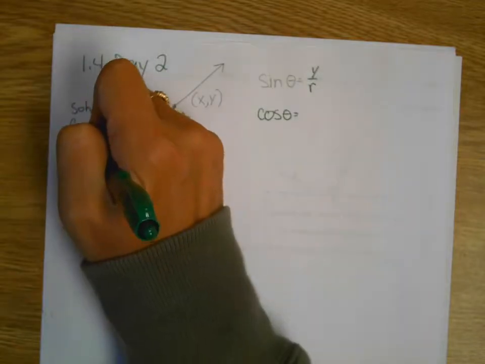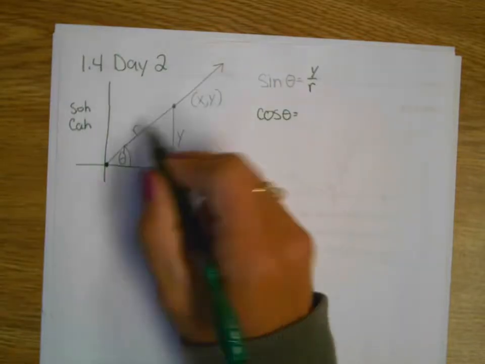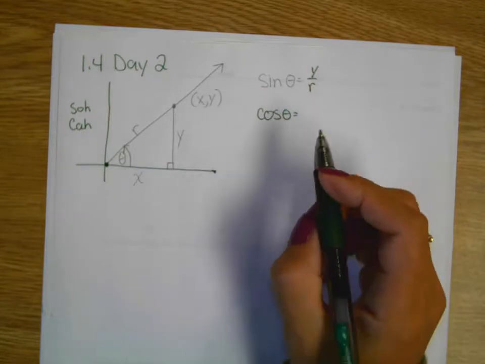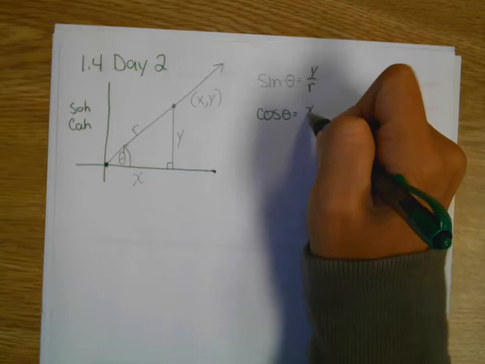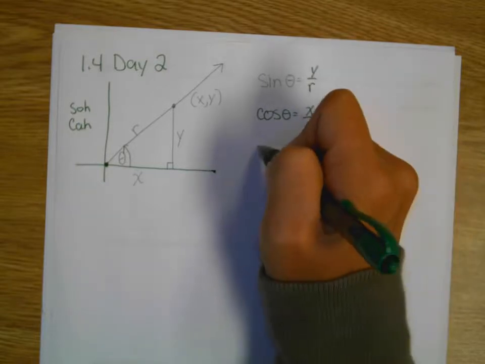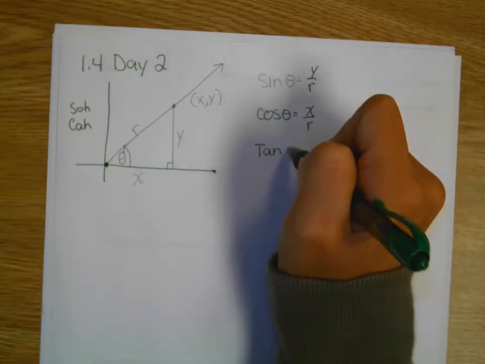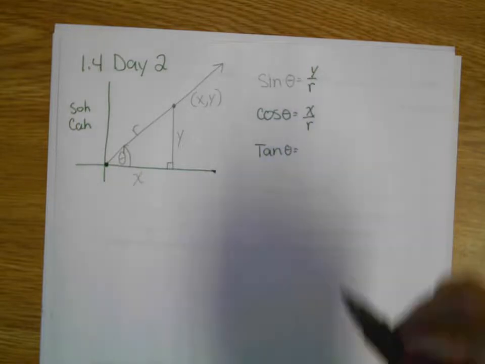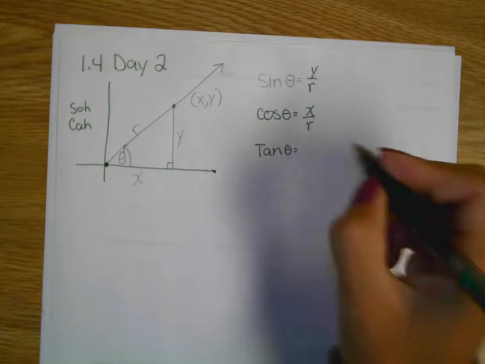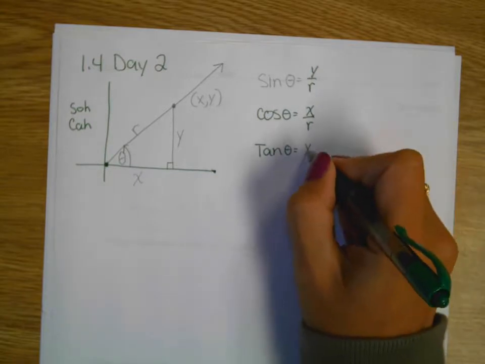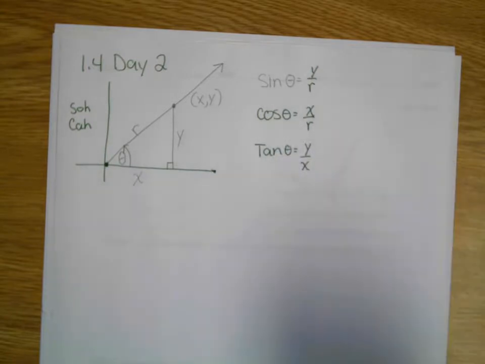You can think of adjacent over hypotenuse, but we want to get used to the x, y, and r definitions. X over r. And then tangent, same thing as the worksheet. Y over x. And then we had our reciprocal functions.